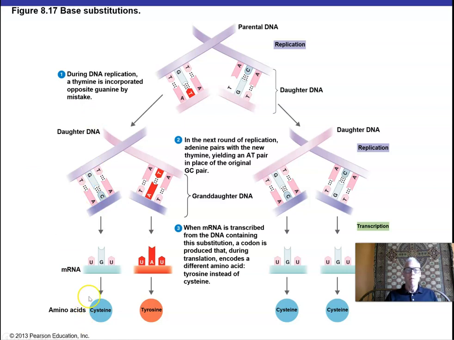In some cases, that would lead to a change in the amino acid sequence. Sometimes it wouldn't, but in this case, changing that cytosine to an adenine did change the amino acid called for by that codon from a cysteine to a tyrosine. So now we have a base substitution that led to a mutation, whereas in this case, the normal result would have been a cysteine, and still a cysteine in that second position.